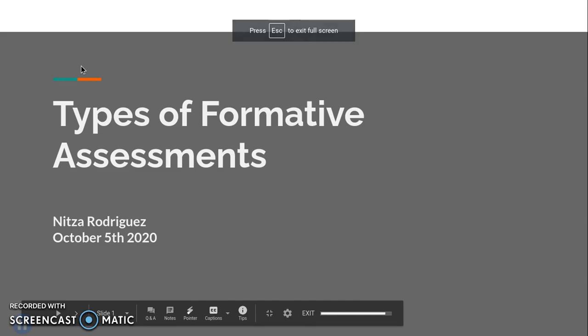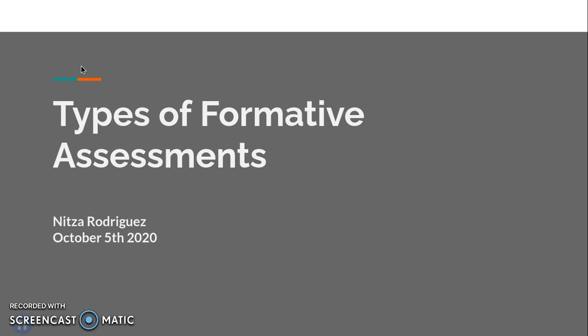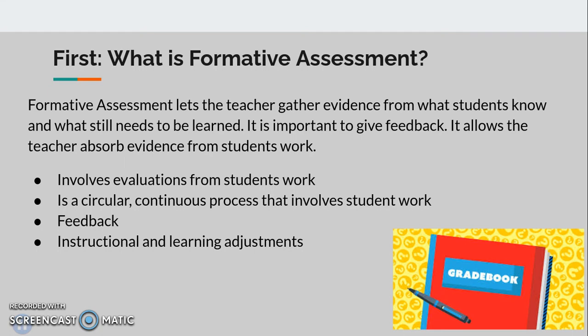So, first, let's talk about types of formative assessments. And first, let's talk about what formative assessment is. Formative assessment lets the teacher gather evidence of what students know and what still needs to be learned.